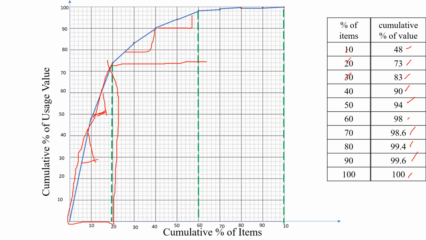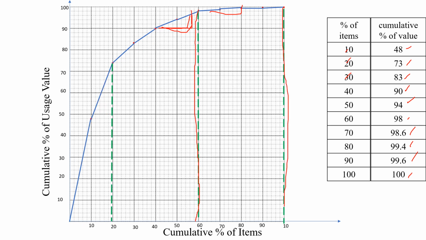Up to this point also the slope is changing, so let us consider these the cutoff points. Similarly, observe here also it drastically changes its slope. So up to here, for me, these are the cutoff points.